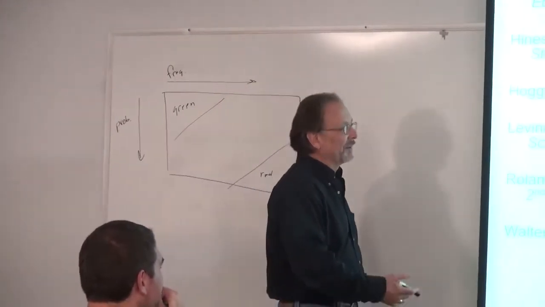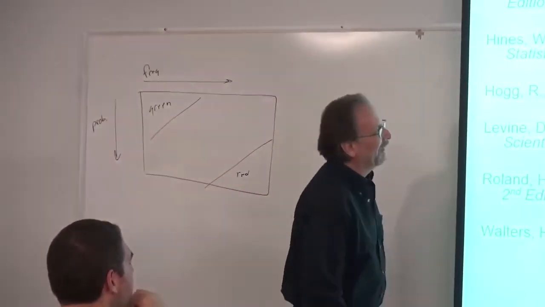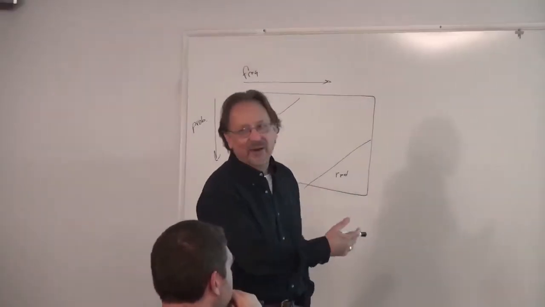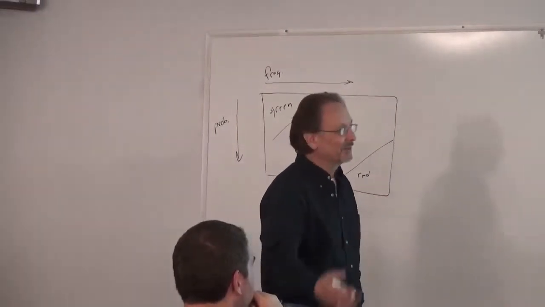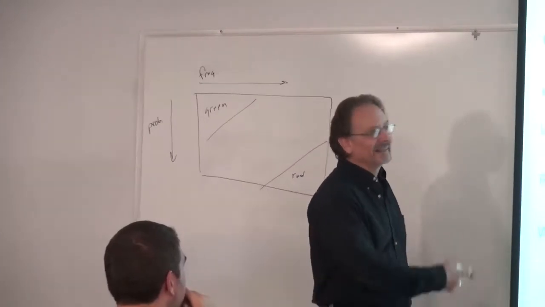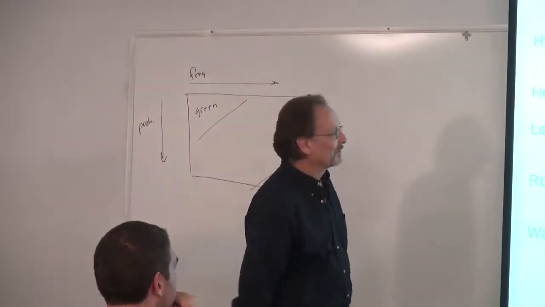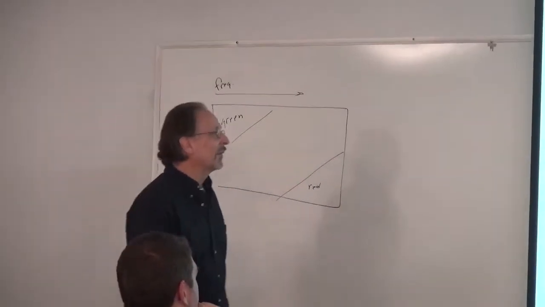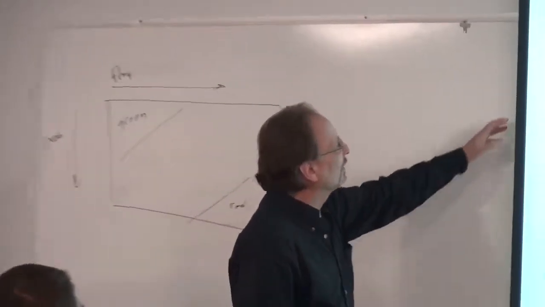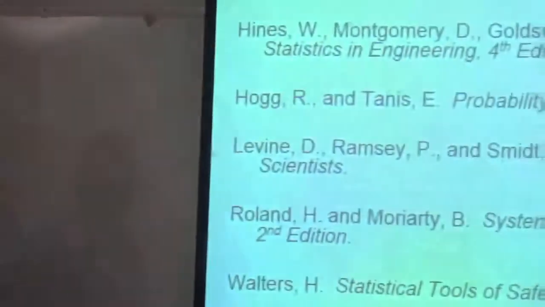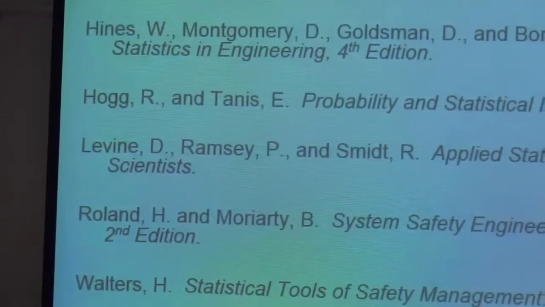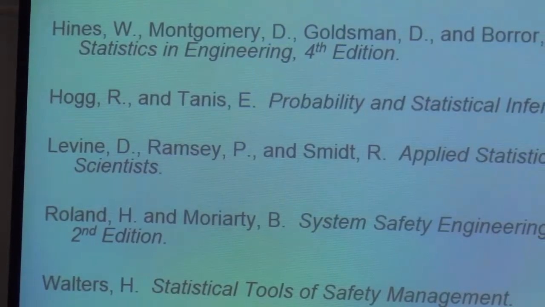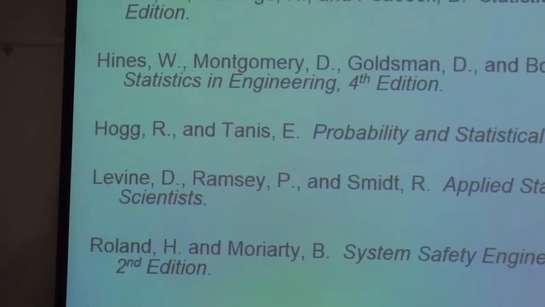When I was reading that the first time, I went to about 3 or 4 other books to try to figure out how they got from point A to point B, because they weren't going to explain it. That's why I said it's not a very user-friendly book. That's probably why it's not in print anymore. And then the Hogan, Tanis, and Levine, Ramsey, and Schmidt are also pretty good ones. But like I said, I think this one is by far the best.